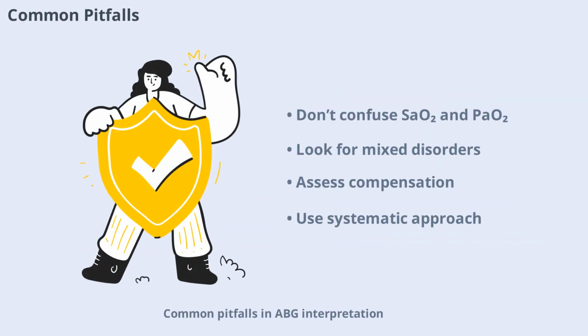Common pitfalls in ABG interpretation include confusing SaO2 with PaO2, overlooking mixed disorders, and failing to assess compensation. Always use the oxygen-dissociation curve to relate SaO2 and PaO2 and apply systematic approaches to avoid errors. Clinical context is essential for accurate diagnosis.